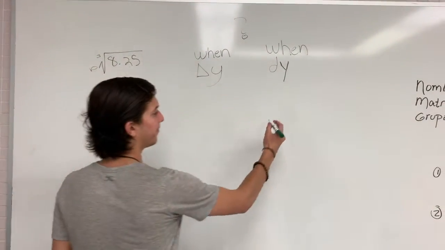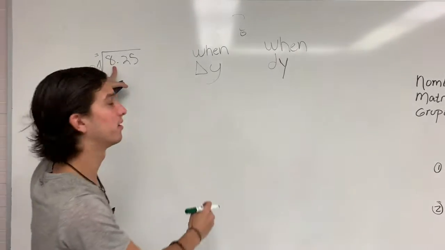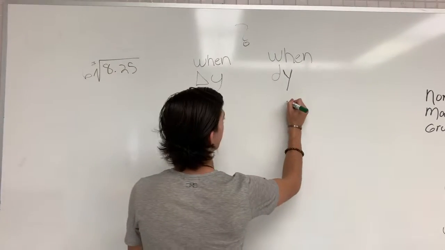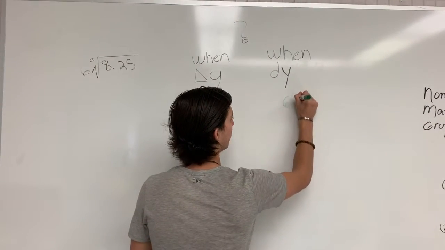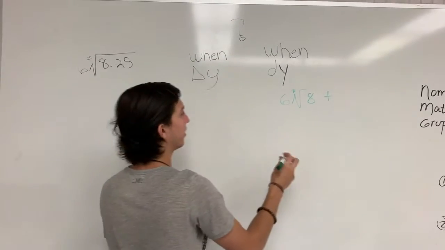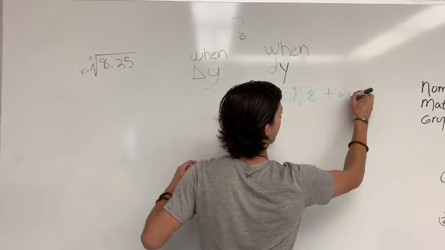So what they did is they approximated this number to 8. So it would be 6 cubic root of 8 plus the differential of y.